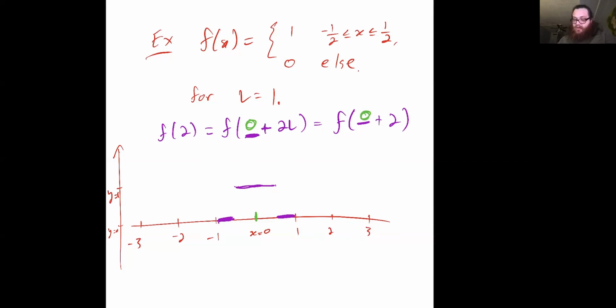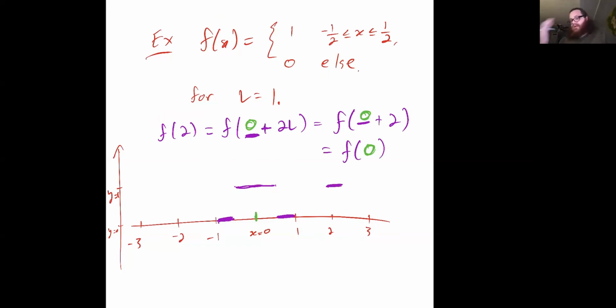So what is the value of f at 2? Well, if we want a periodic extension, this should just be f of 0. And if we look back here, f of 0 is exactly 1, which we can also read from this. So the value of f around here is going to be about 1.